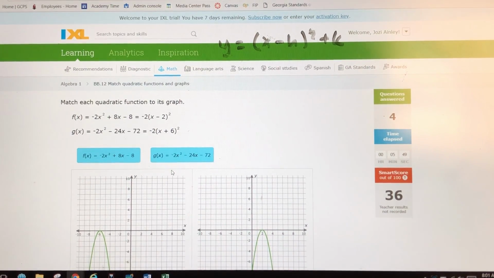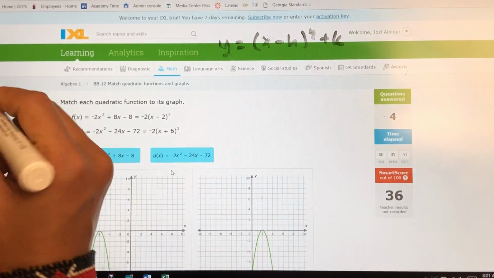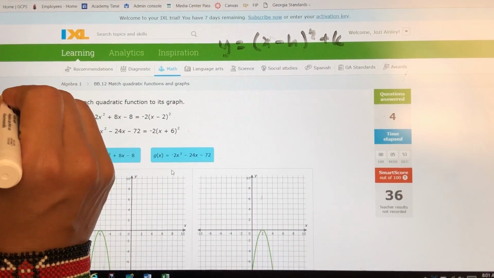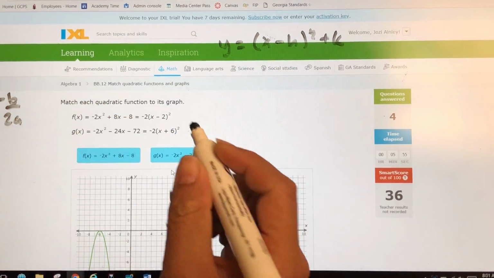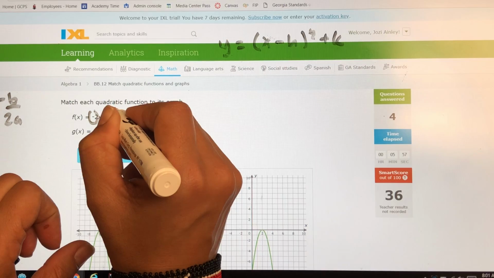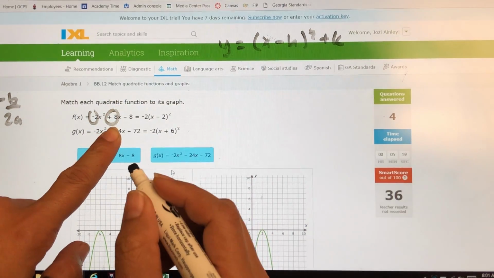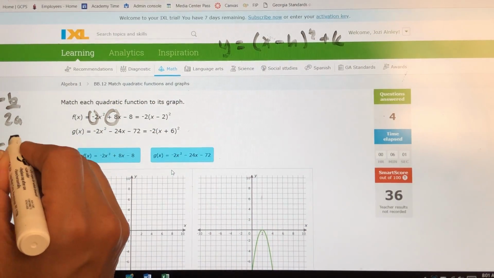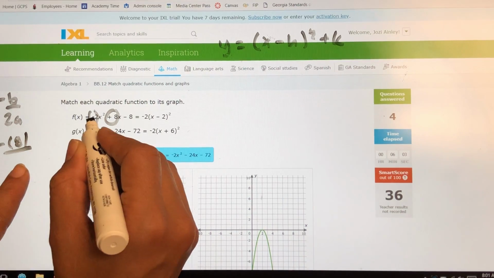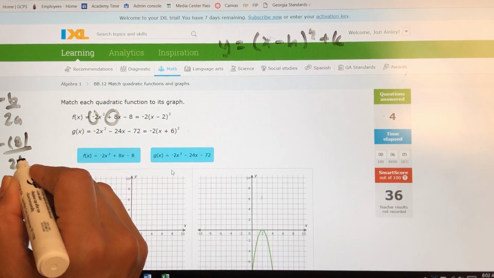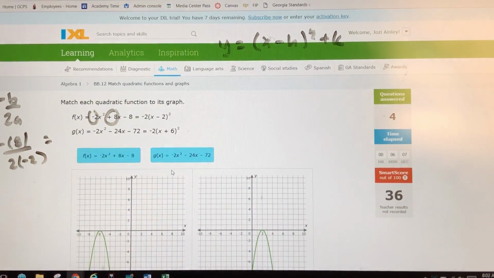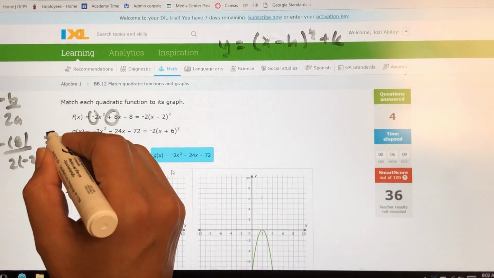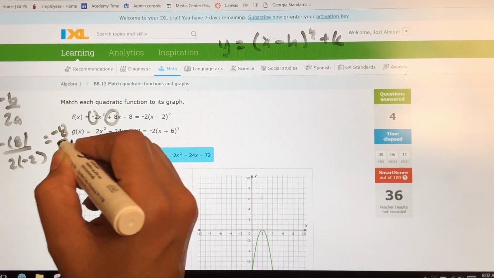Okay, so again, if I was doing standard form, I'm going to keep this here, negative b over 2a. All right, so that's a, that's b. So negative of 8 over 2 times a, which is negative 2. So negative 8 over negative 4, which is positive 2.